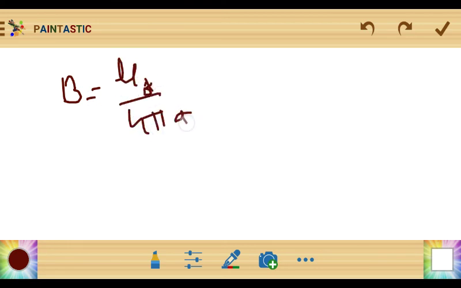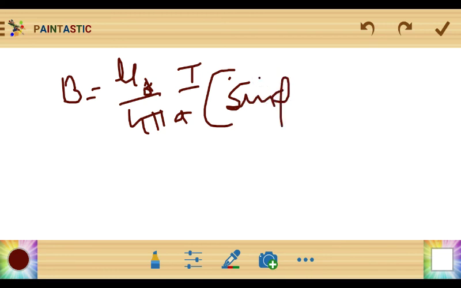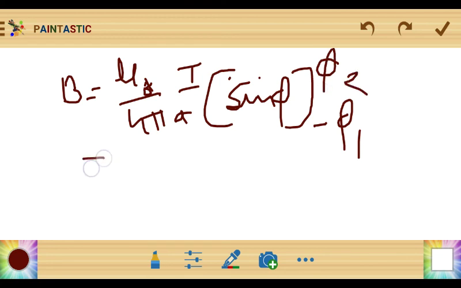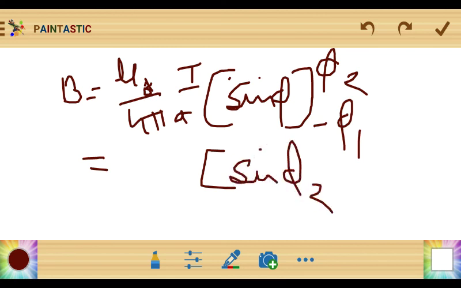So after integrating, B is equal to mu 0 upon 4 pi, I upon a, and the integration of cos phi is sin phi, positive sign, with limits minus phi 1 to phi 2. Leaving the constants apart, sin phi first at phi 2 gives sin phi 2, then minus sin of minus phi 1 in brackets.